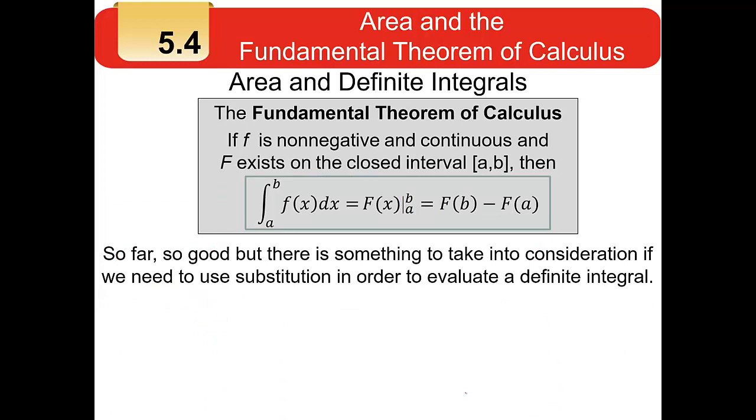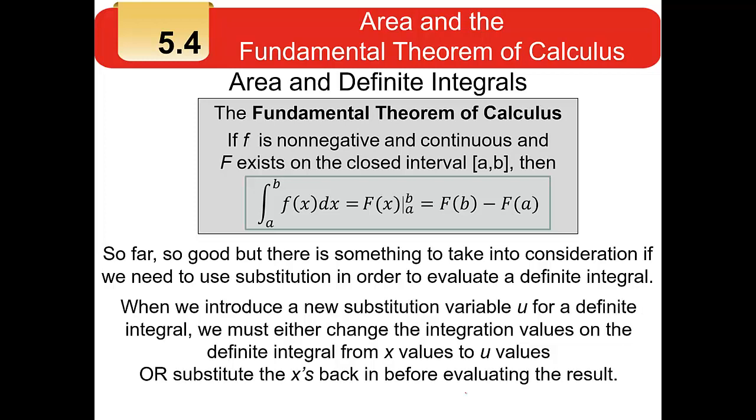There is one other thing I want to mention, and that is sometimes the integral is complicated enough that you need to do a substitution. And if you have to do a substitution with a definite integral, there is an extra thing to consider. If you put in a u to do a substitution for a definite integral, you're going to be replacing the x's in the integrand with u values.